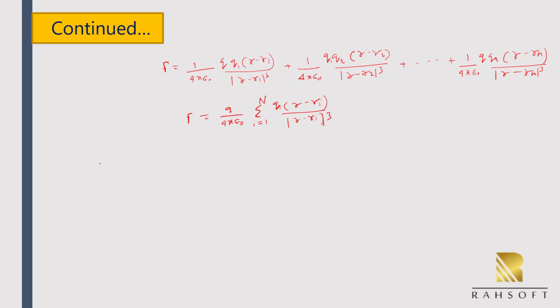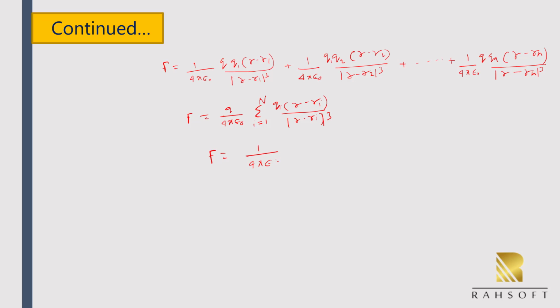And the next point is, if instead of air or vacuum, some insulating materials like glass, wax, paper, oil, and so on are placed between these charges, then the force acting between them will be F equal to 1 over 4 pi epsilon.